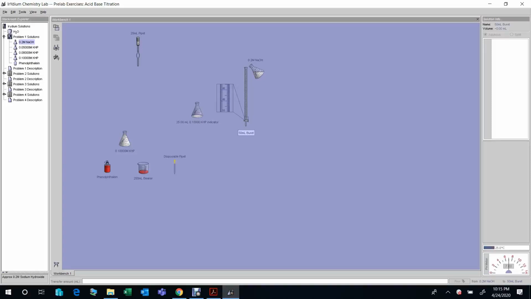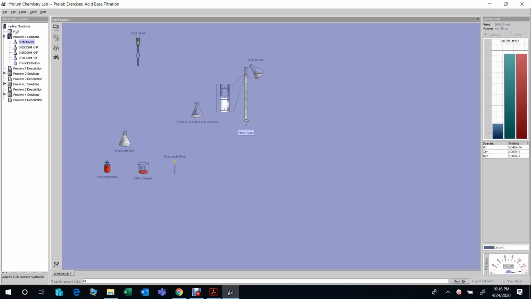And when we transfer 40 milliliter solution, you see the solution reached that level.